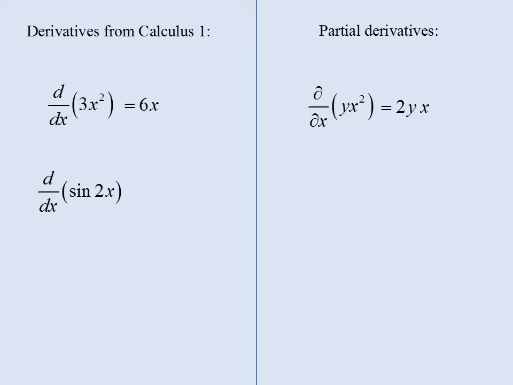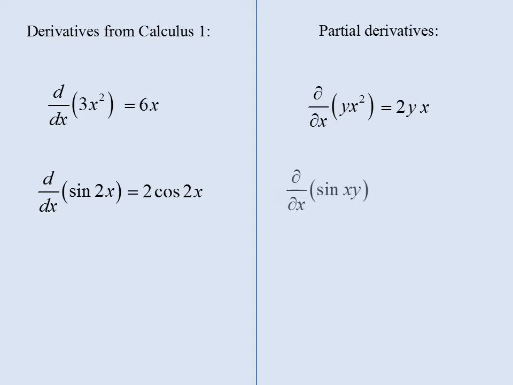Here's another one from Calculus 1. The derivative of sine of anything would be, by definition, cosine of that, and the chain rule tells us to do the derivative of the argument. So this one would be the cosine of 2x times the 2.